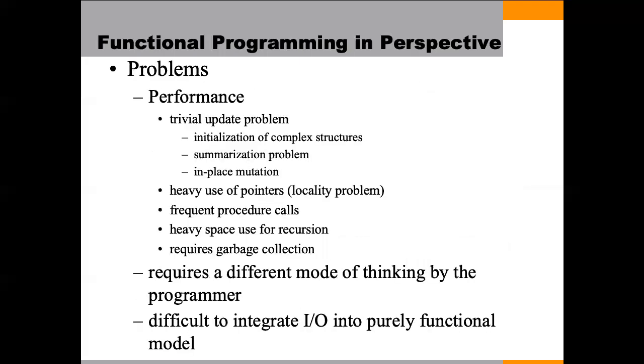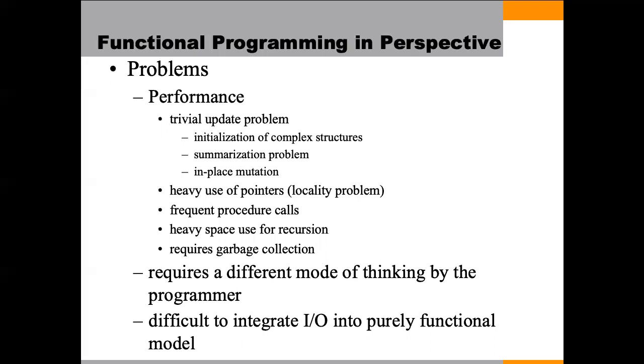Okay, but there are problems. And we just saw one of them with performance. It's called the trivial update problem. And in this case, the problem was the in-place mutation. So all we wanted to do was modify the first element of the list. But in fact, we ended up having to recreate the entire list.